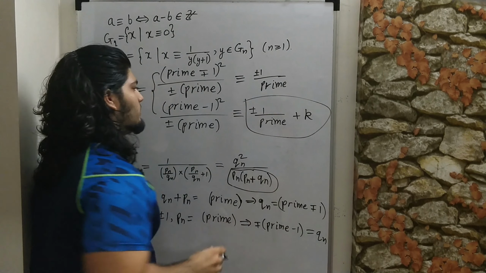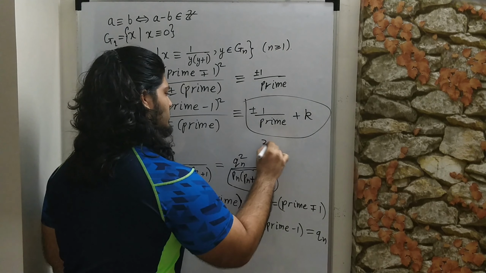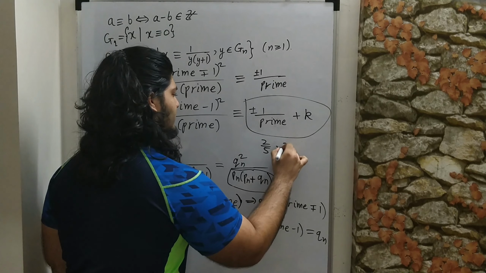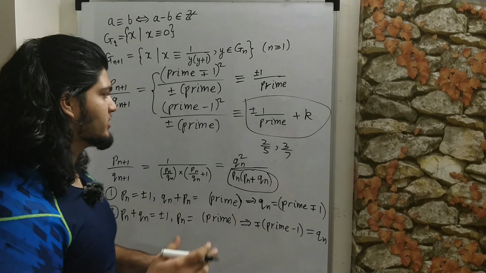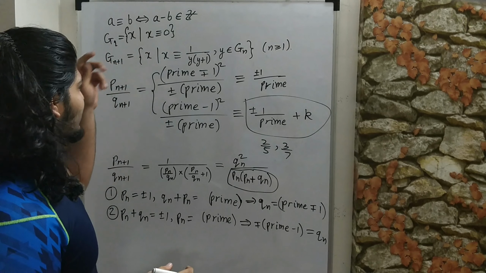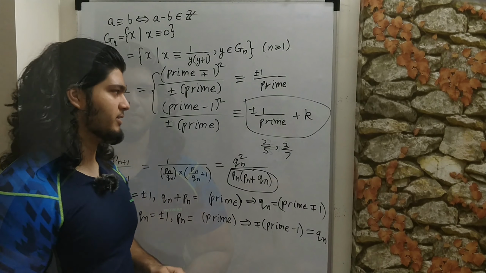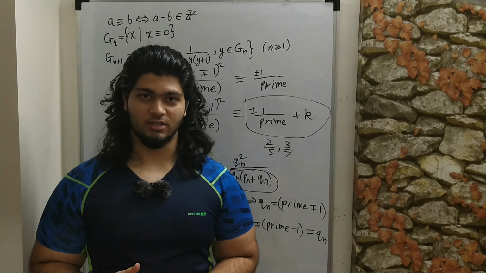This is the only form any element of G_{n+1} can take. So if we have some numbers like 2 over 5 or 3 over 7, then these can never be part of S because they are not in the first generation, and we have shown that they can't be in any of the other generations either. And that concludes the proof for why S can't be equal to the set of all rational numbers.